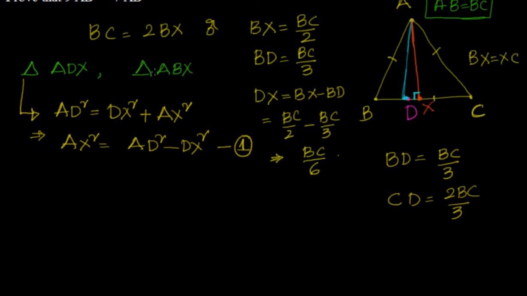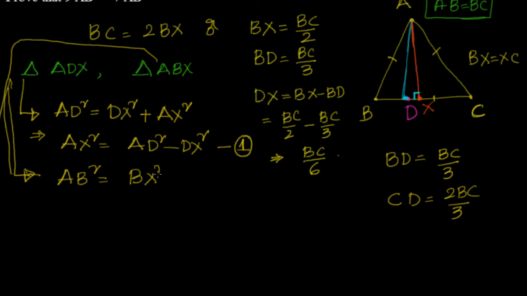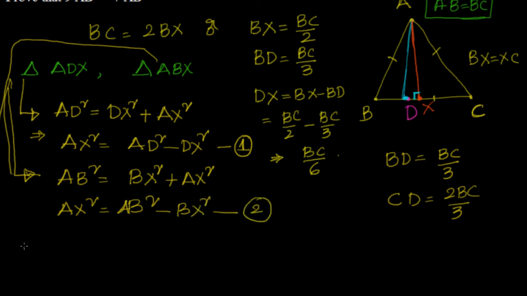Now let's take triangle ABX. From ABX, AB square is equal to BX square plus AX square. That will give me AX square equals AB square minus BX square. This is my equation 2.